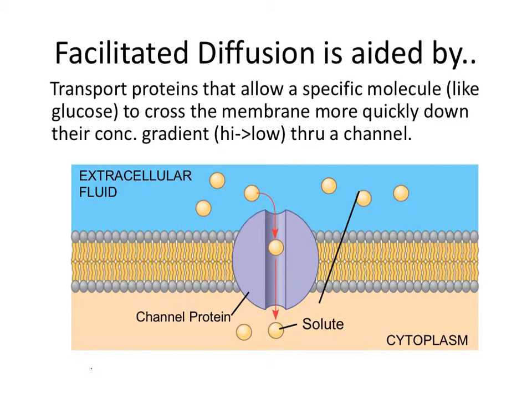It's still going, you can see, from high concentration to low concentration. So it's still just going down the concentration gradient. It's just happening through this channel protein, a transport protein. It's like having a special tunnel to pass through, like VIP status or something.